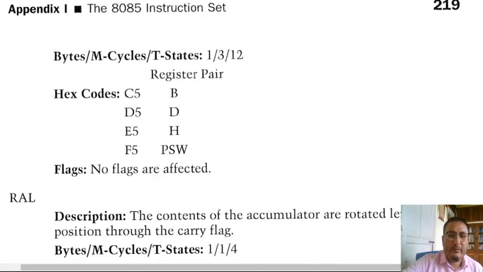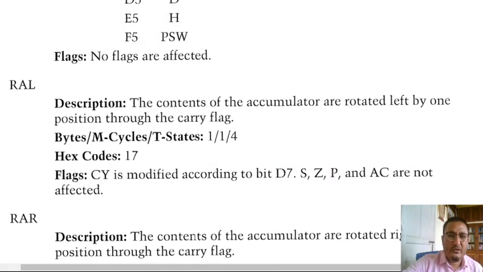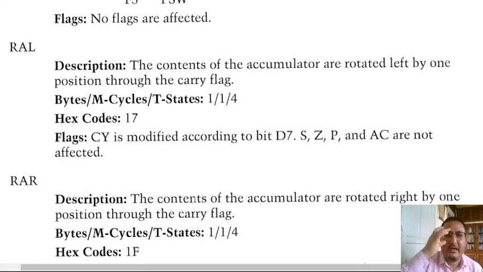It requires 1 byte, 3 machine cycles, and 12 T states. The associated hex codes with the register pairs are given for your perusal, and none of the flags are affected.